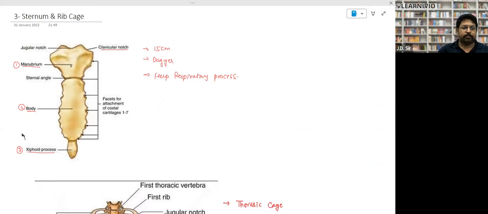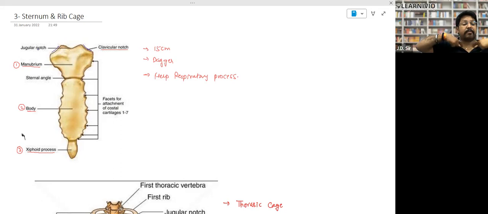Sternum is a dagger-shaped bone. It is made up of 3 parts. First, the head is known as manubrium, then body, and xiphoid process. Clear? This is called the clavicle notch. Why? Because these bones, which you can see, are known as clavicles, right?